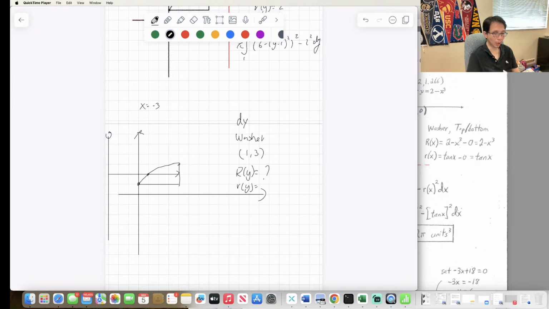What is small r of y? 3 plus y minus 1 squared. Yep, that's perfect. Pi integral from 1 to 3 of 7 squared minus (3 plus (y minus 1) squared) squared dy, and that should give you the right answer here.